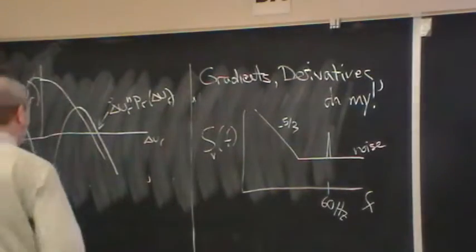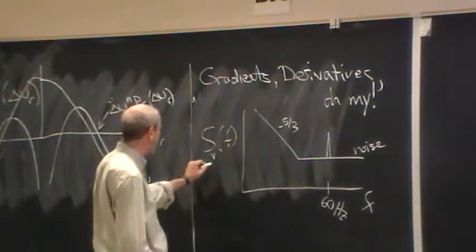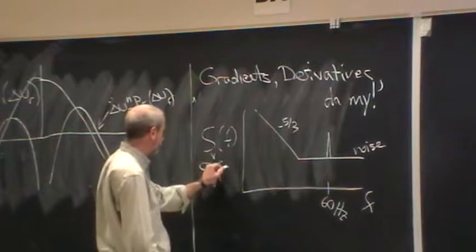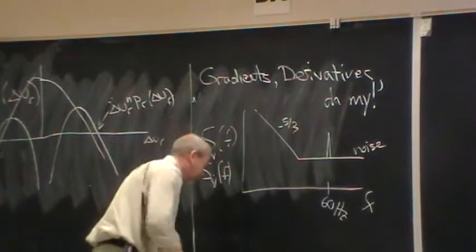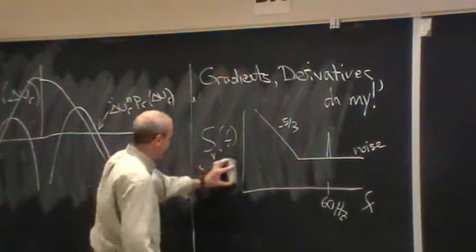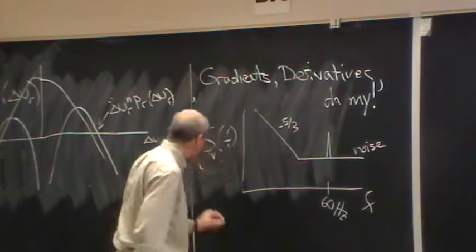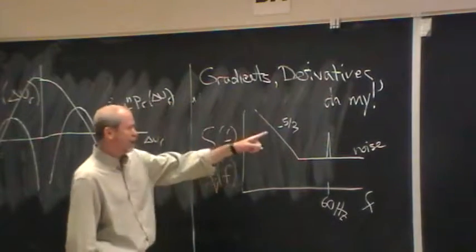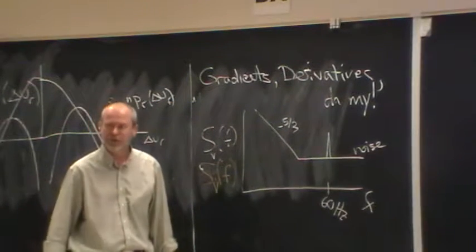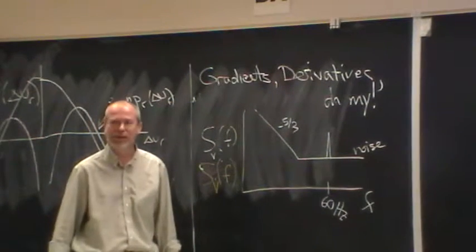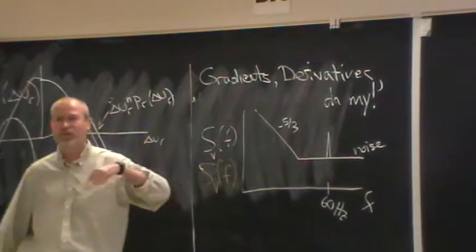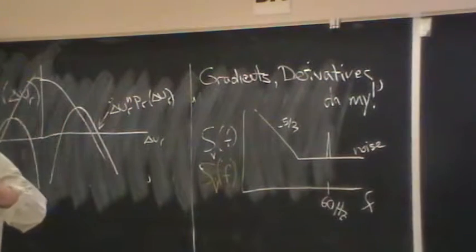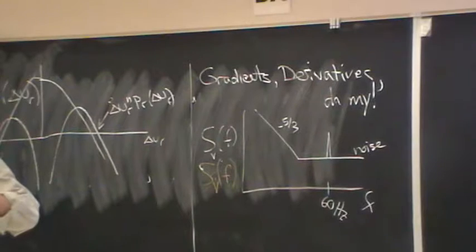So now what I'm going to do is plot S of V dot versus F, and actually, let me do that in another color. S of V dot versus F, and that's simply related to this by a factor of F squared, so we can sort of schematically do that. So instead of a k to the minus 5/3 slope here, I will have a plus 2/3 slope, right?